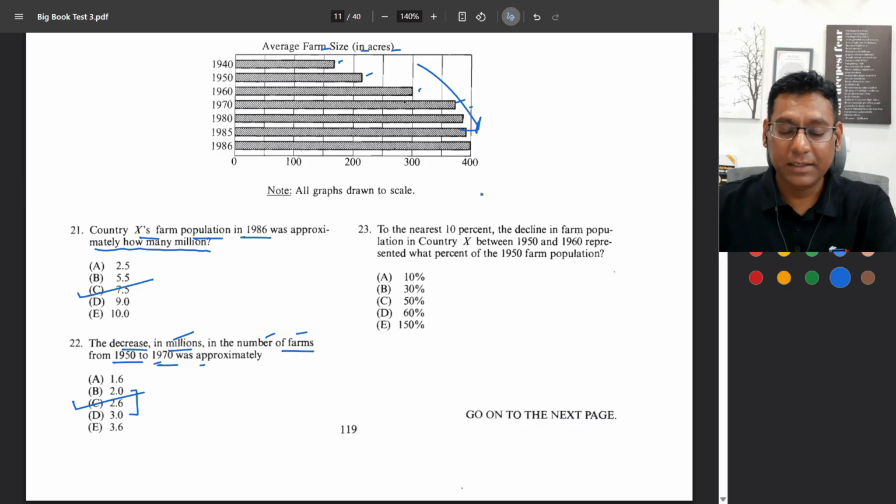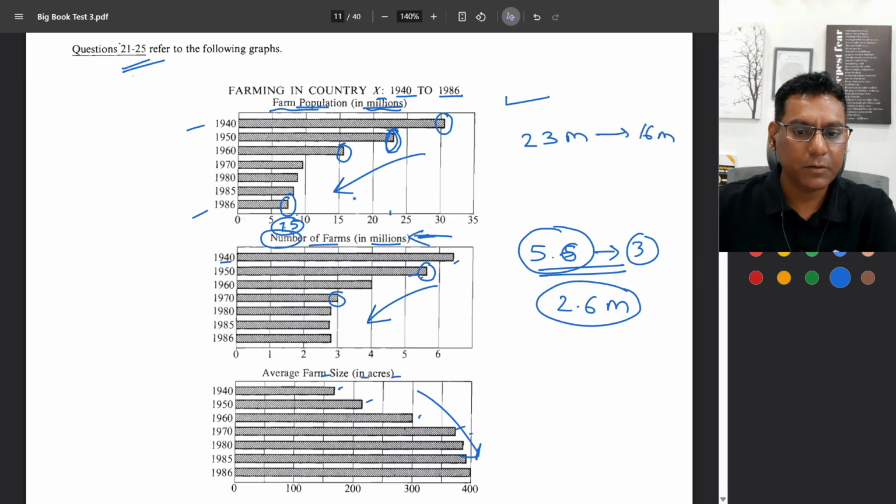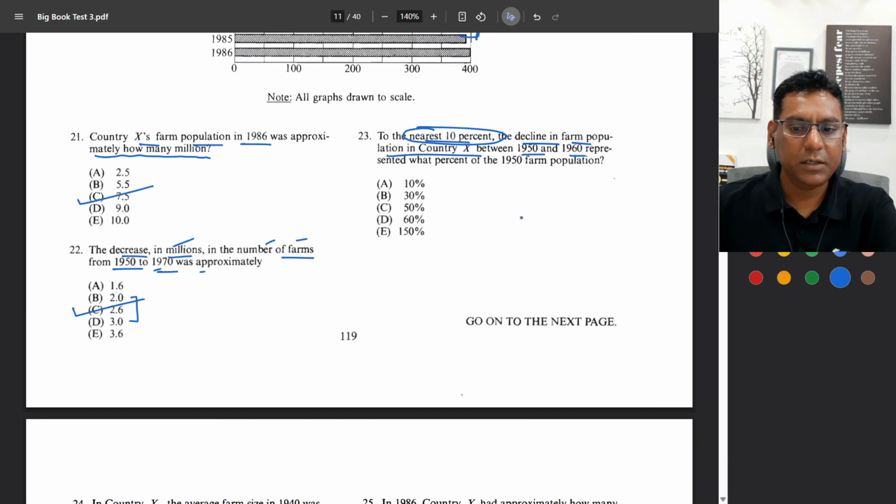Again, the graphs also seem to be pretty straightforward. To the nearest 10%, the decline in farm population in country X between 1950 and 1960. They are asking nearest 10%, they are not looking for an actual number. Farm population 1950 and 1960. What was the decline? This is something like 23 million, went down to something more like 16 million. This is an approximation, 23 to 16.